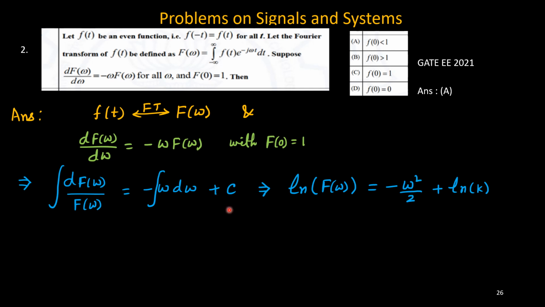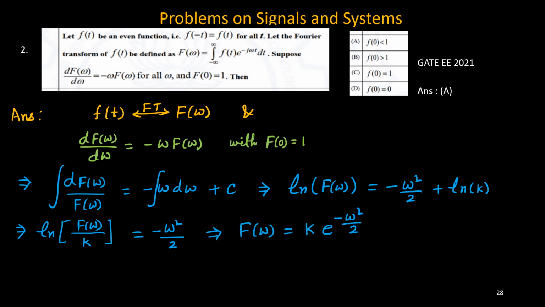And this integration constant C, I can take as ln K, because whenever there is an ln part, if I take this constant as ln of K, then we'll combine these two. I can take this one to the left side. So this is ln F(W) minus ln K, which I can combine as ln of F(W) by K, and that equals minus W square by 2.